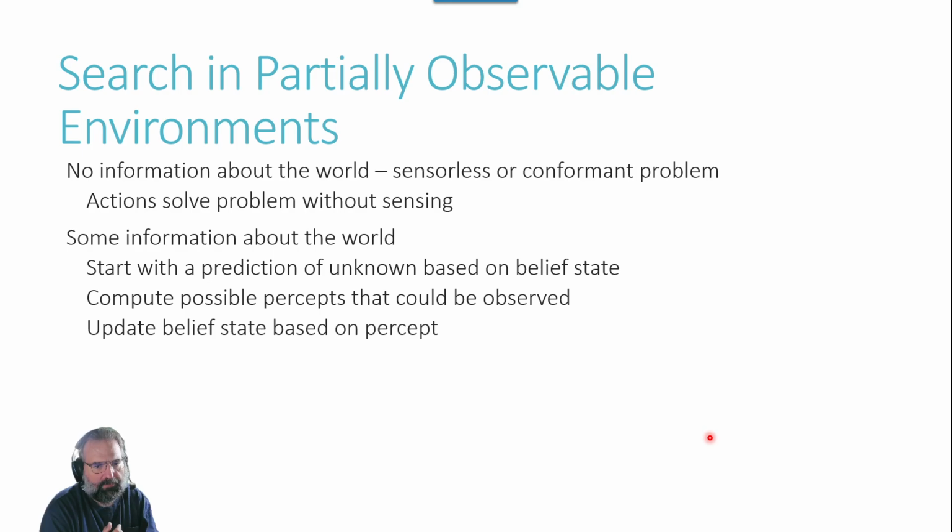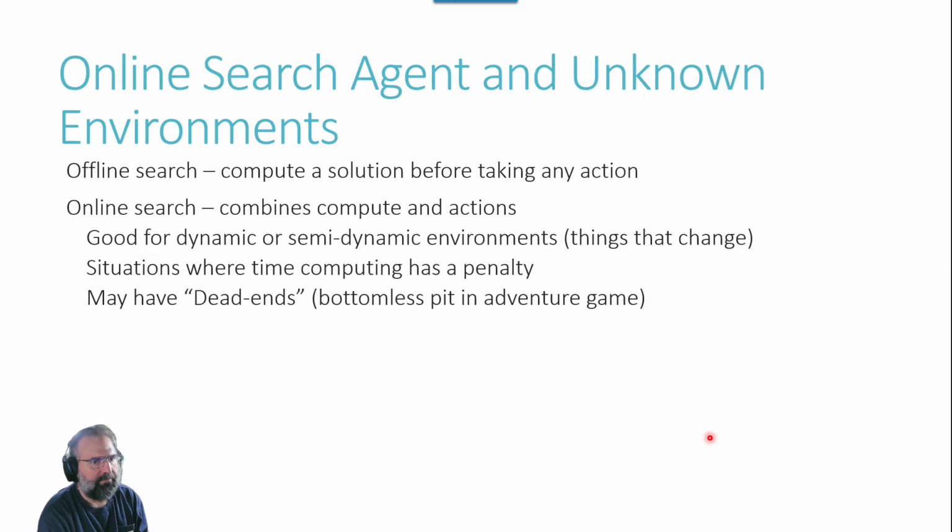We do have some information about the world. So you start with a prediction of an unknown based on some belief state, compute the possible percepts that could be observed, and then update belief state based upon the percepts.